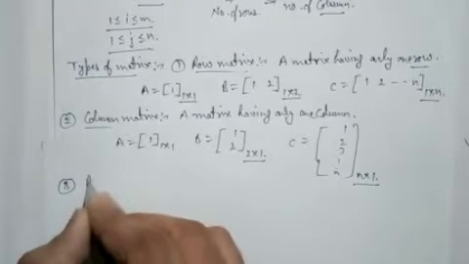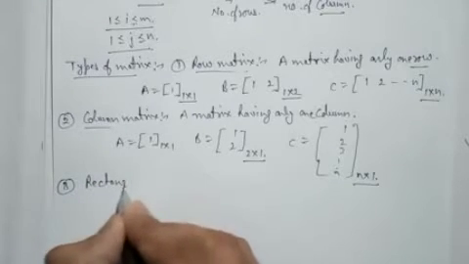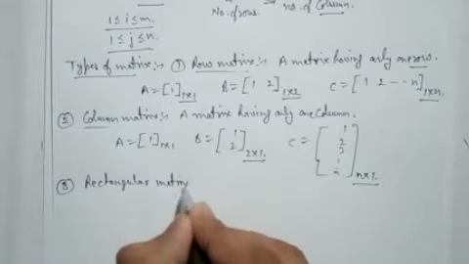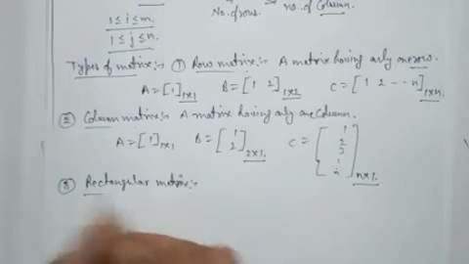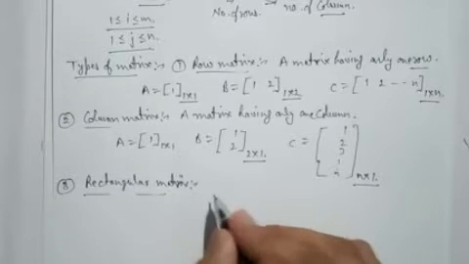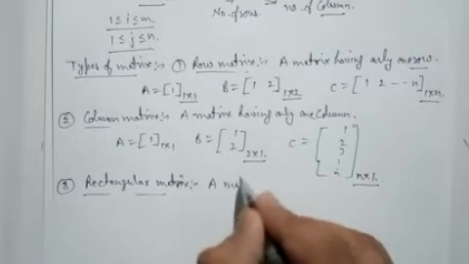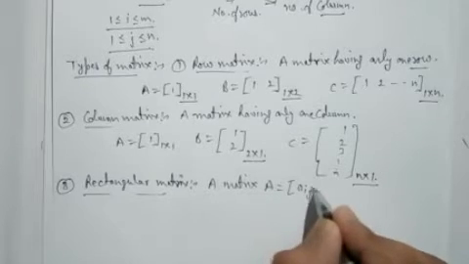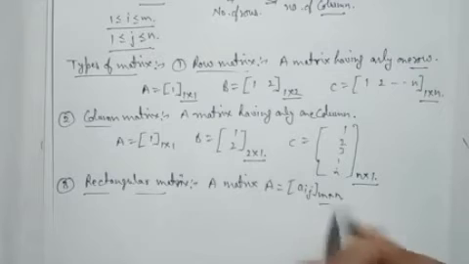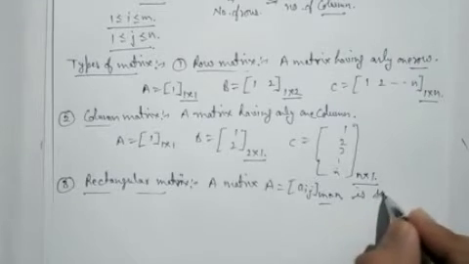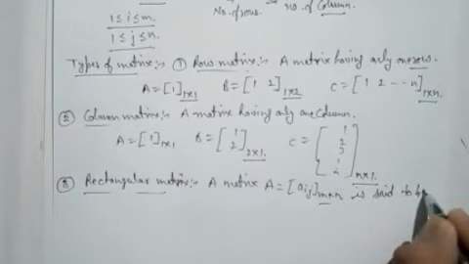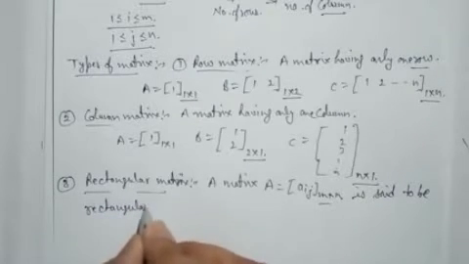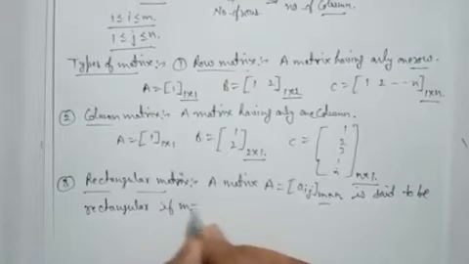Third one is the rectangular matrix. As its name indicates, rectangle. A matrix A equals Aij, m cross n, is said to be rectangular if m is not equal to n.